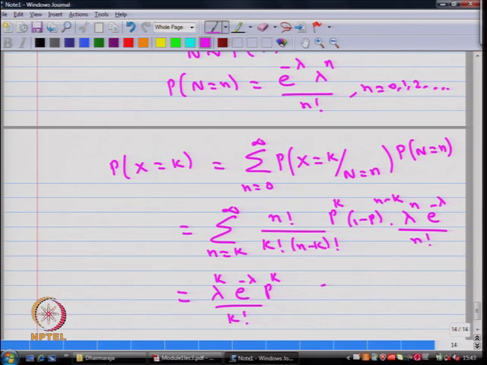The remaining terms, that is n running from k to infinity, this can be written in the form of (lambda times (1 minus p)) power n minus k divided by (n minus k) factorial.